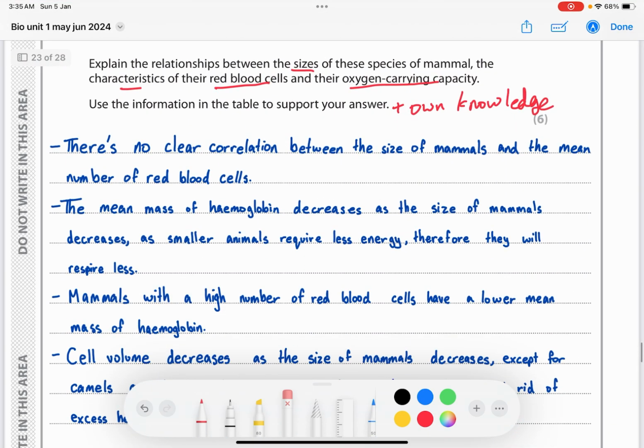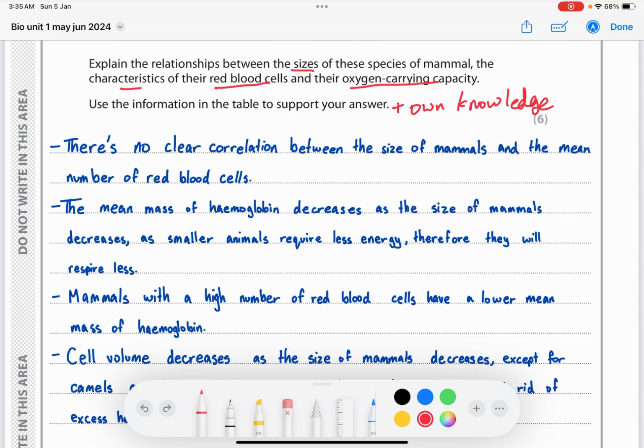Now, the second one: the mean mass of hemoglobin decreases as the size of mammals decreases. Why is this? Because smaller animals require less energy, therefore they will respire less.